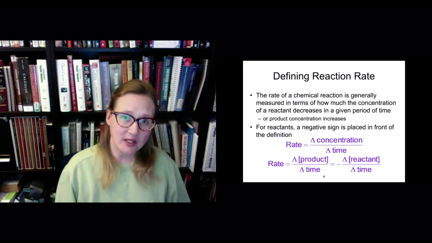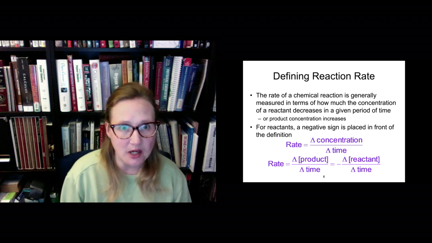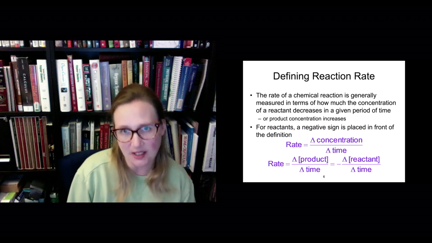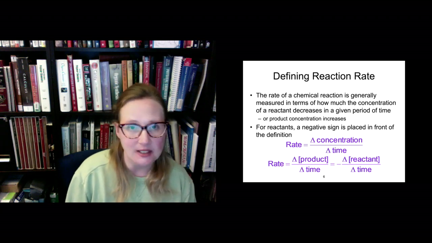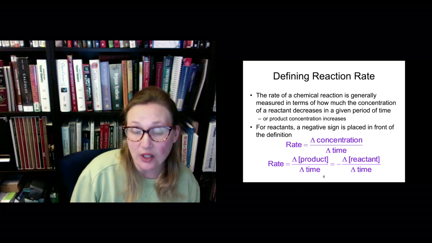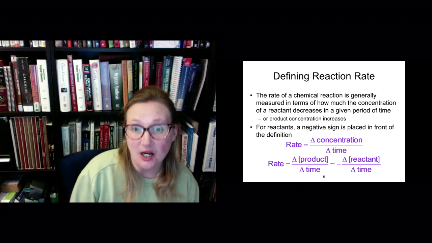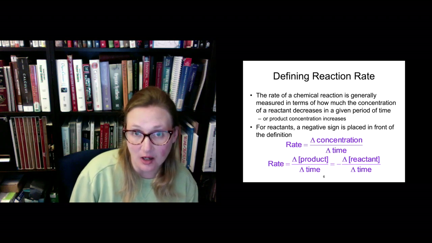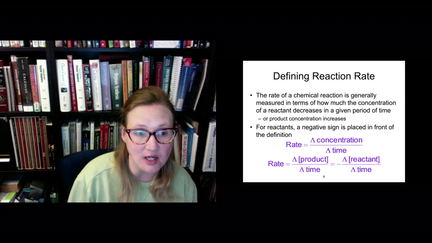All right, but in this class, in chemistry, we're going to be talking about reaction rates. When we talk about reaction rates, the quantity that we're going to use is concentration. And the time can vary from seconds to minutes to hours, even days, but we want to make sure that we're using concentration to determine our reaction rates.